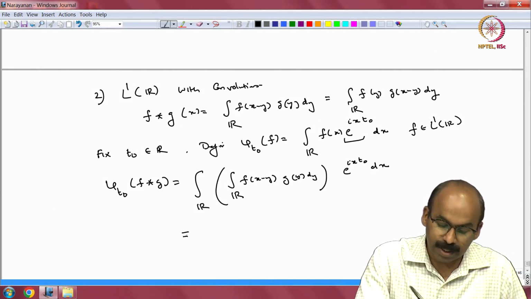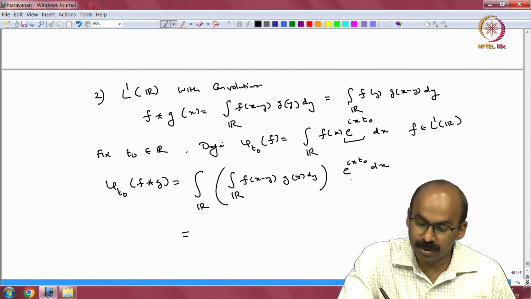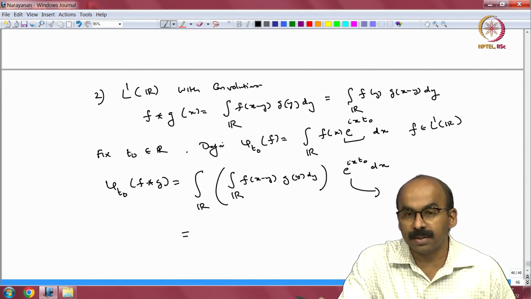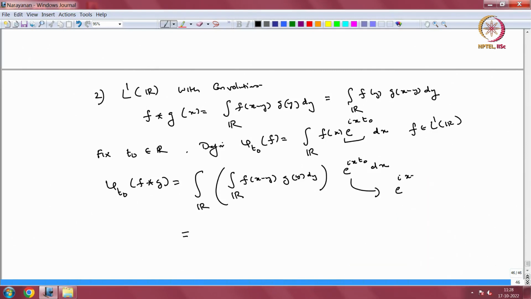So, you check that this is equal to, well, it is easy to see what to do. Because e to the i x t naught has a certain multiplicative property, you can write it as e to the i (x minus y) t naught times e to the i y t naught. That will give me e to the i x t naught.